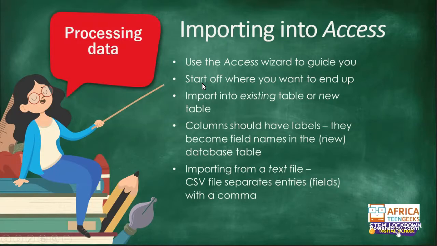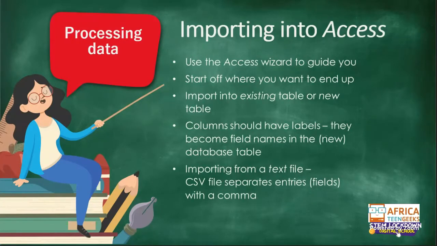So what they're saying over here is that if you'd like to import into Access, you must make sure that the data is in the correct columns already. And the columns right at the top, the row or the record right at the top in Excel will become the field in Access.